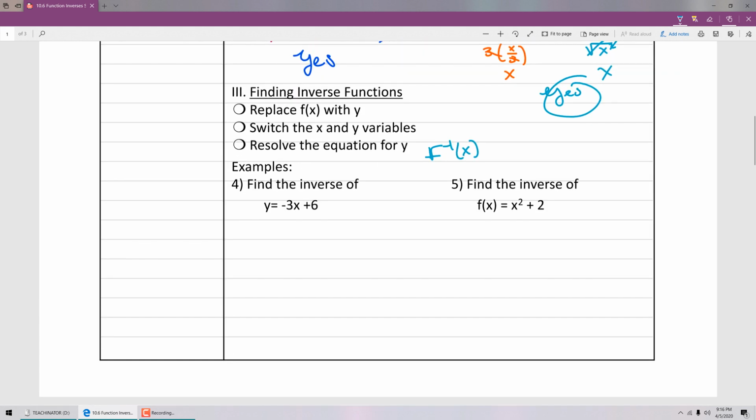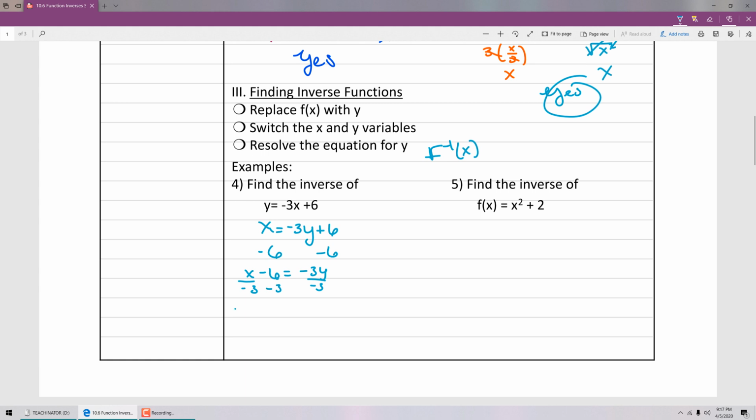Alright, so let's find the inverse. This one already has a y instead of an f of x. So now all I'm going to do is switch my x and my y. Then I'm going to solve for my new y. So I'm going to subtract 6 from both sides. Divide by -3. Everything is getting divided by -3.